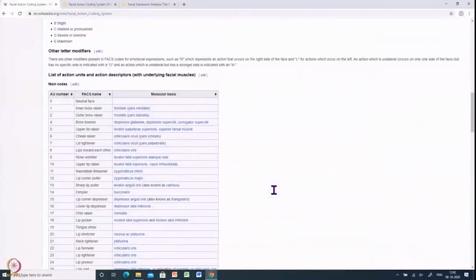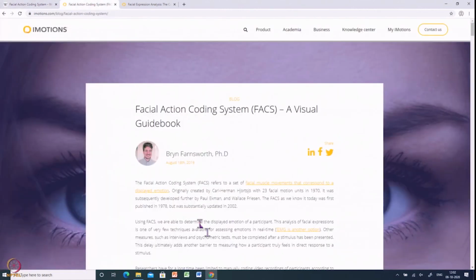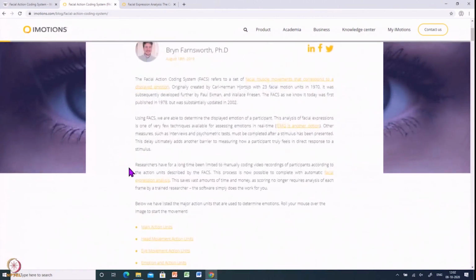So, what are these codes? For example, inner brow rise or outer brow rise, and each of these action units is mapped to your facial muscles. To know more about these 28 codes, go to the link, Facial Action Coding System, a visual guidebook, a blog by the company iMotions, which is a pioneer in collecting data from different sensors like eye tracker, facial expressions, GSR, EEG.